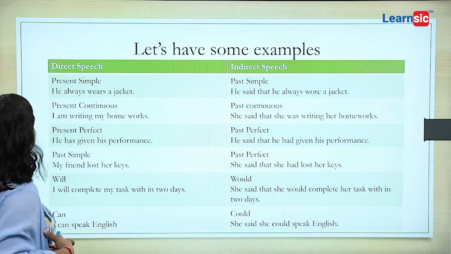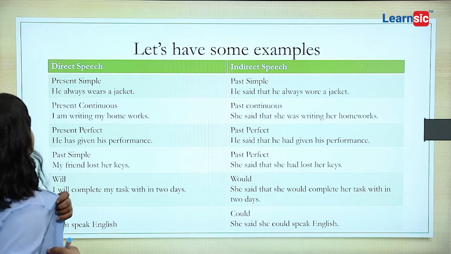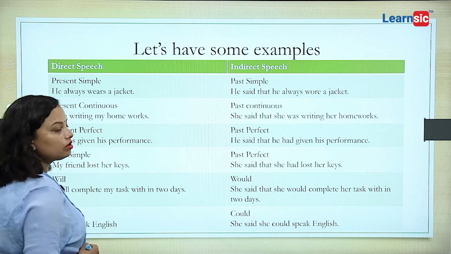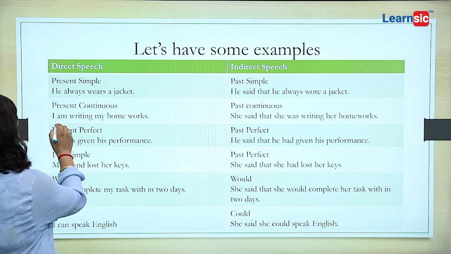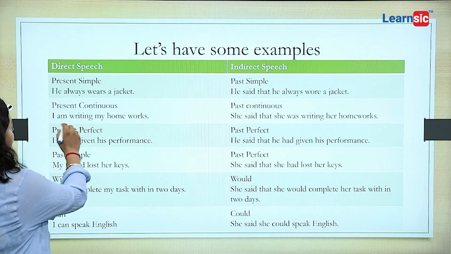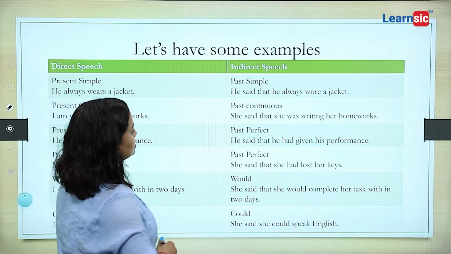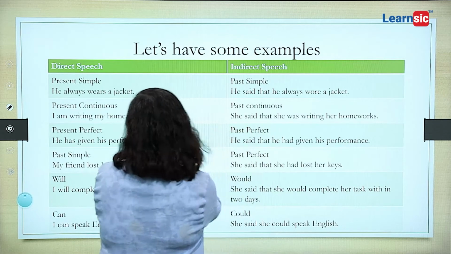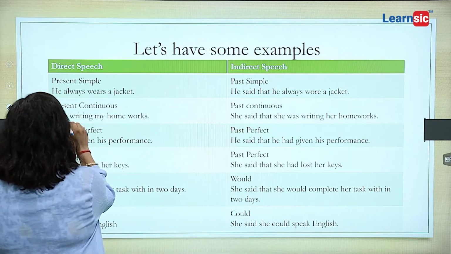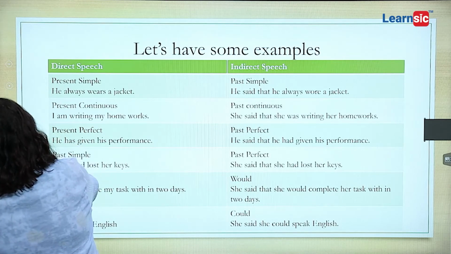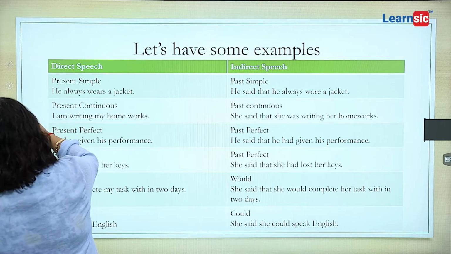Now let's go to present continuous tense. I am writing my homeworks. Subject plus verb ing. Yes? I am writing my homeworks. She said that I am writing.